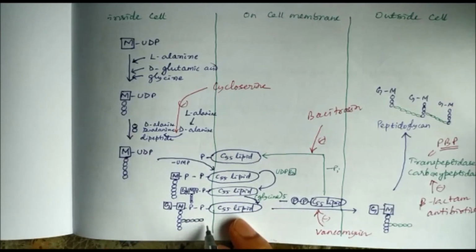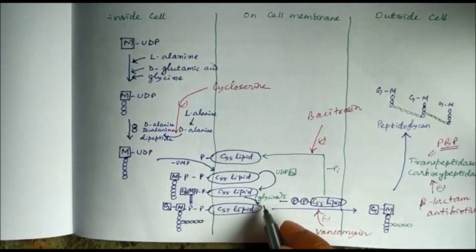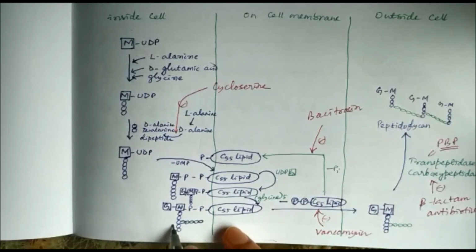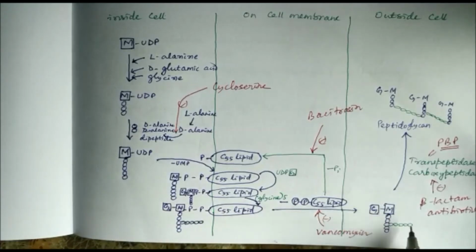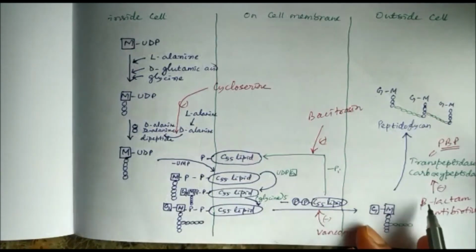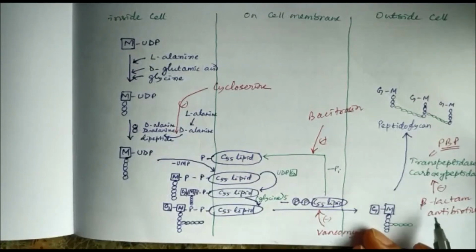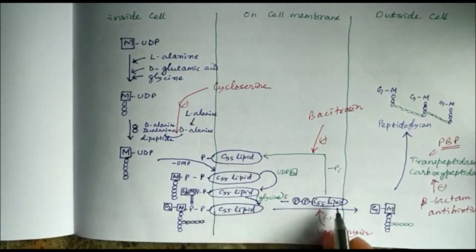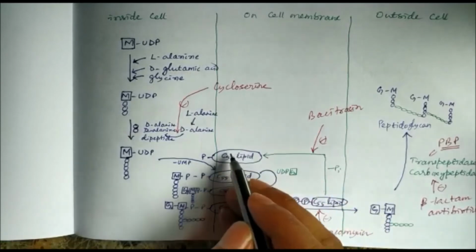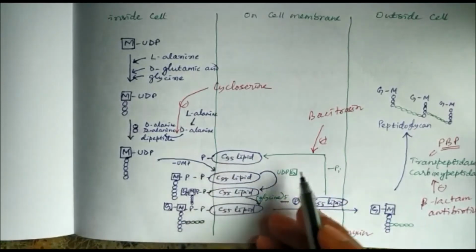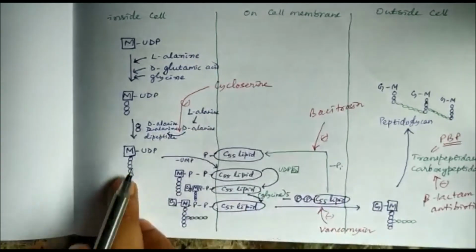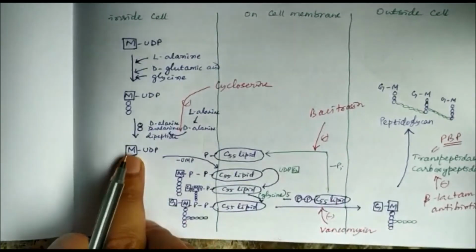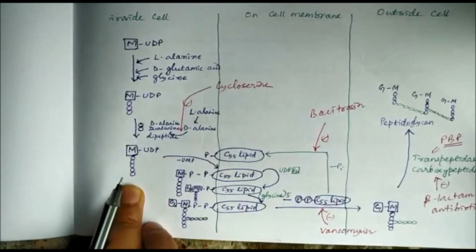another 5 glycine amino acids will join, and this forms the building block unit of the peptidoglycan, which is released outside the cell. The carrier takes it, and then comes back, and can again act as a carrier for another complex of MUDP and pentapeptide.